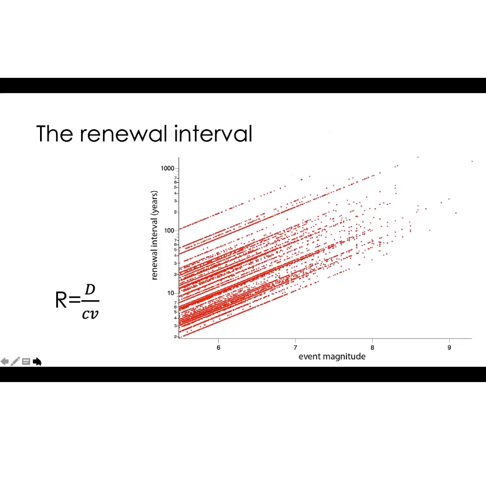And so the best we can do is actually estimate a renewal interval for each event in the earthquake catalog. So, you might initially have said, well, let's use the recurrence interval. That must have something to do with the natural period of these integrate and fire earthquakes. But it turns out that maybe 1% of the earthquakes in the GEM catalog have a robust recurrence interval estimate, probably even less than that.